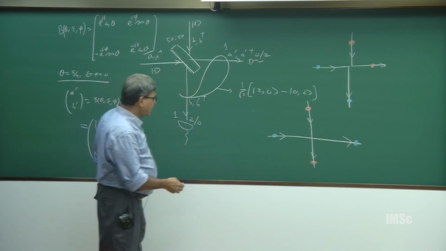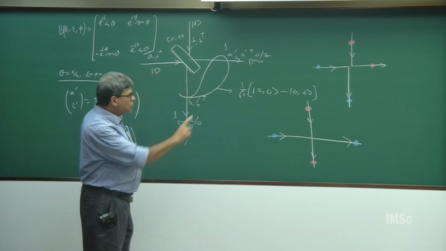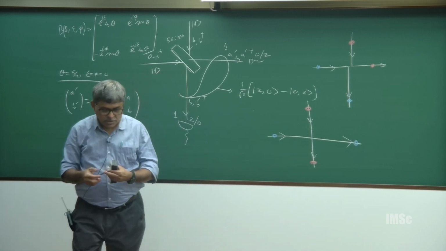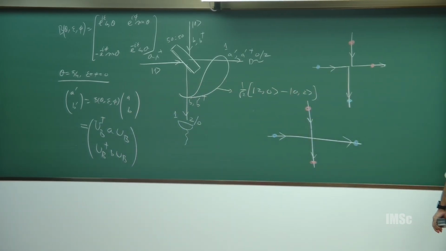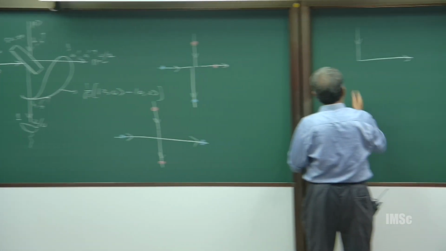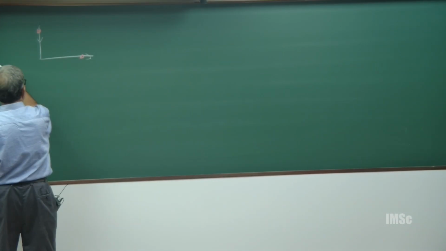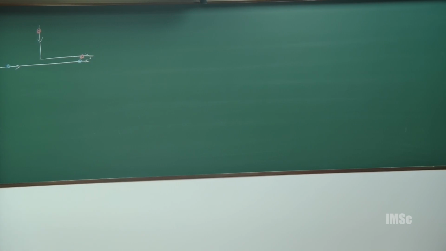So, this is also the case that you have one photon being detected here, one photon being detected here. These two cases we are not considering, they do not appear here. The third possibility is that... okay. And then this is the fourth possibility.